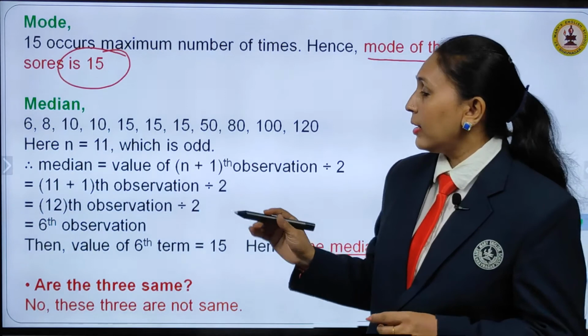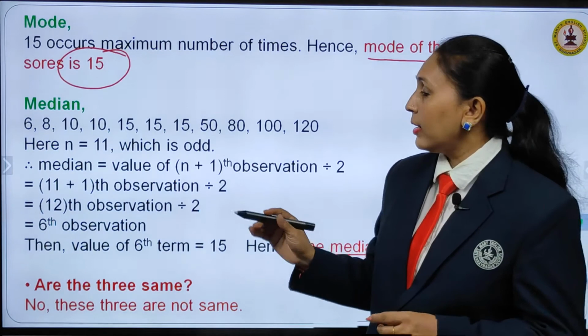The next one, the median is always one of the numbers in a data. The given statement is true, children. Why? Because the median is the mid value of the data. That means obviously it has to be a part of the data. So the statement is true.